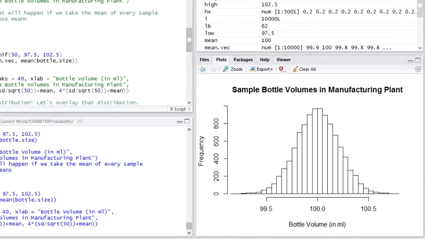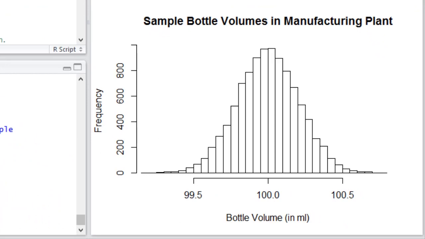Oh, eureka! Even though the original population distribution was uniform, the sampling distribution of the mean is normal. So everything we know about the normal distribution we can apply to this situation if we're dealing with the sampling distribution because it's normal. Isn't that wild?